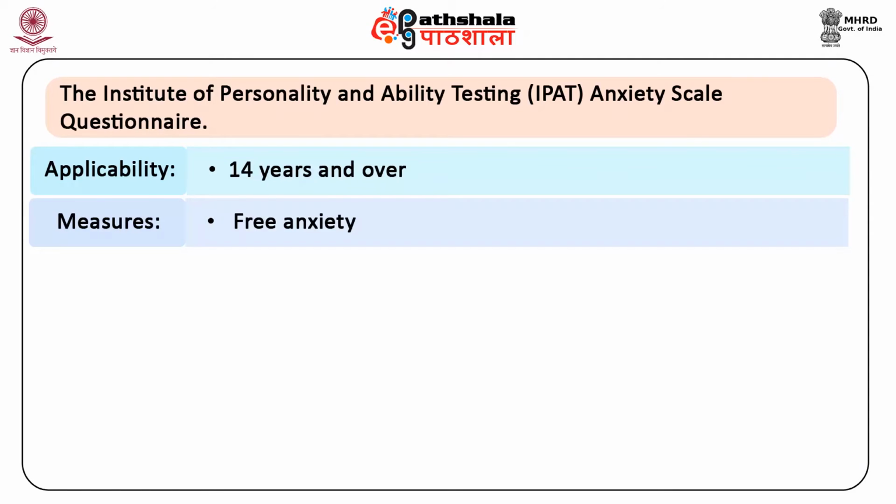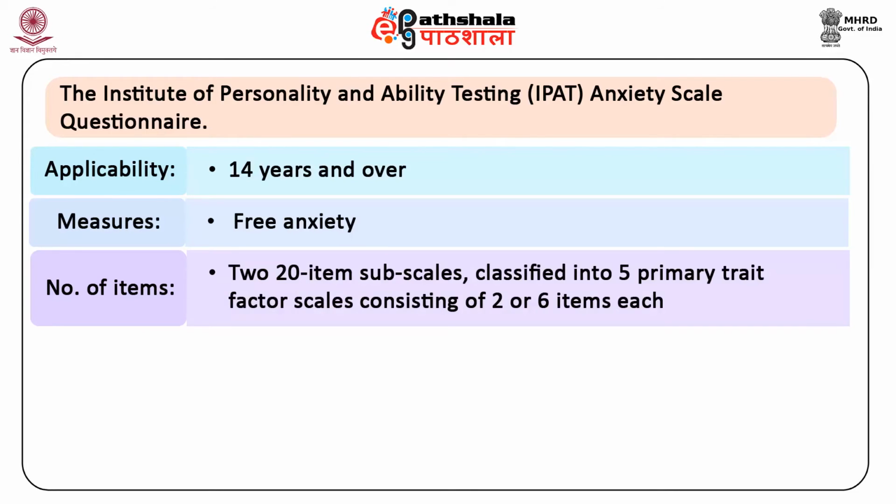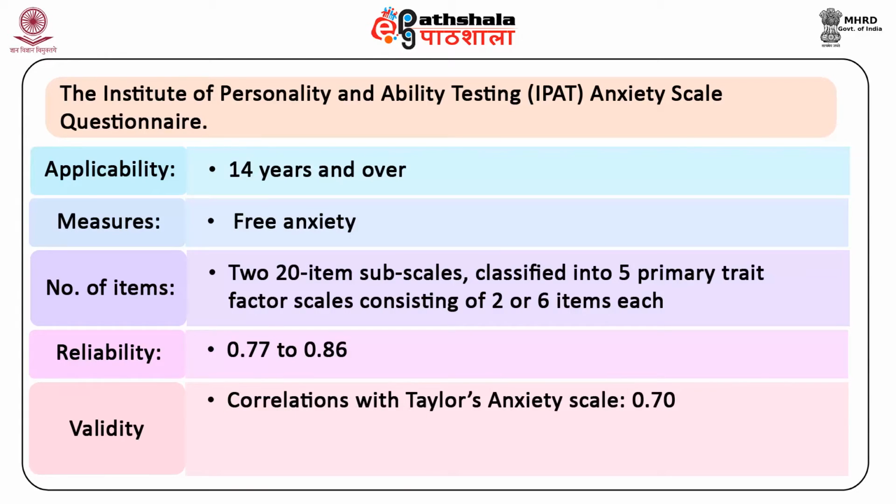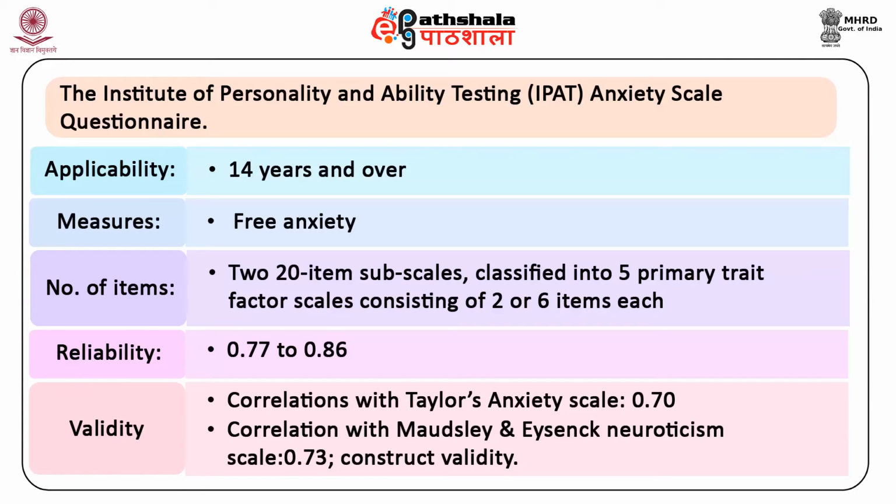Measures free anxiety. Number of items: 40, in two 20-item subscales, covert and overt anxiety, classified into 5 primary trait factor scales consisting of 2 or 6 items each. Reliability 0.77 to 0.86. Validity: correlations with Taylor's anxiety scale 0.70, with Maudsley and Eysenck neuroticism scale 0.73, construct validity.